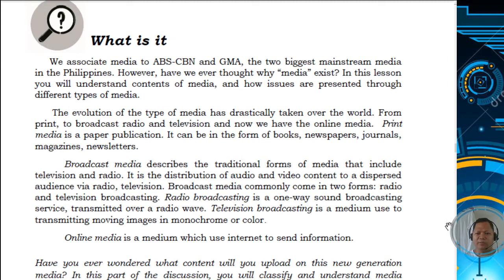Broadcast media commonly comes in two forms, radio and television broadcasting. Radio broadcasting is a one-way sound broadcasting service transmitted over a radio wave. Television broadcasting is a medium used to transmit moving images in monochrome or color.